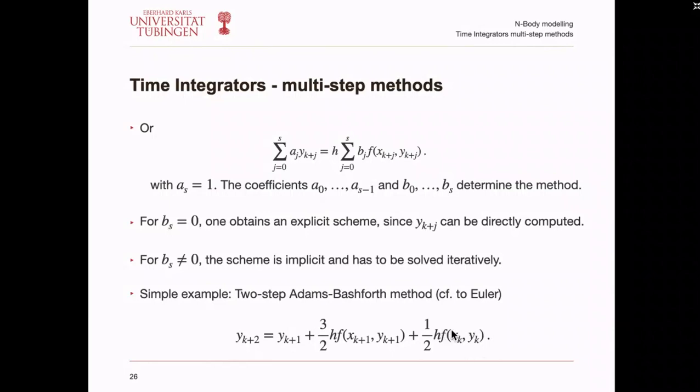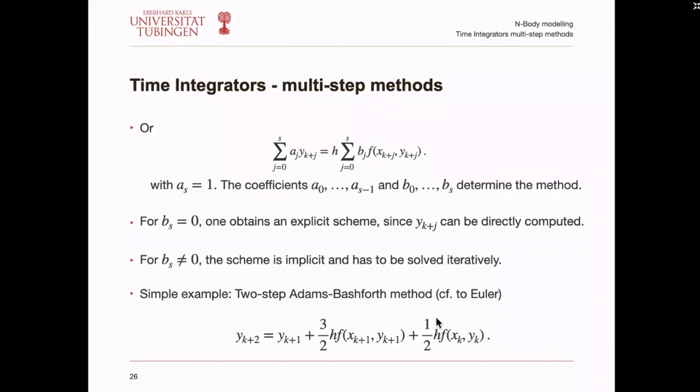You have to compare this method to the standard Euler method. In principle, what you have to do is to evaluate your function only at these certain points, at the same points you do it as for Euler. You have no intermediate steps. So this is a two-step Adams-Bashforth method based on Euler.